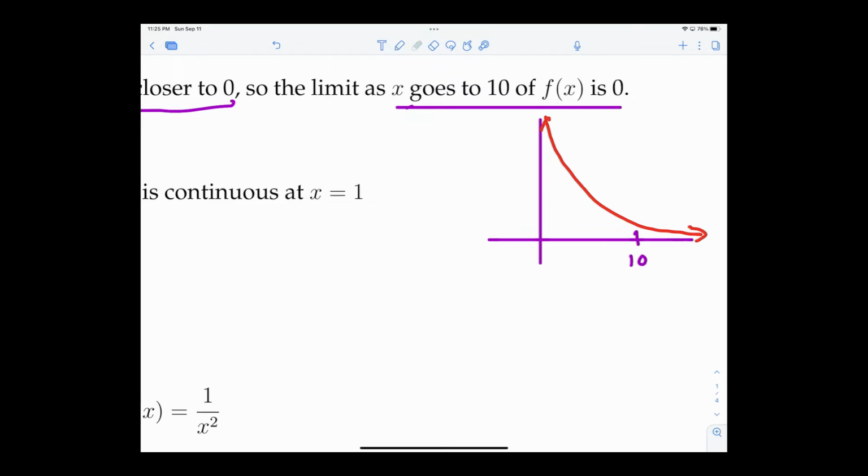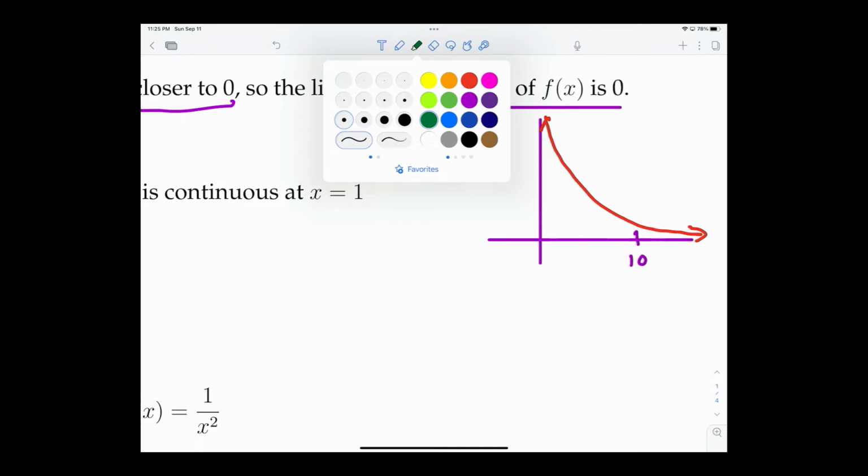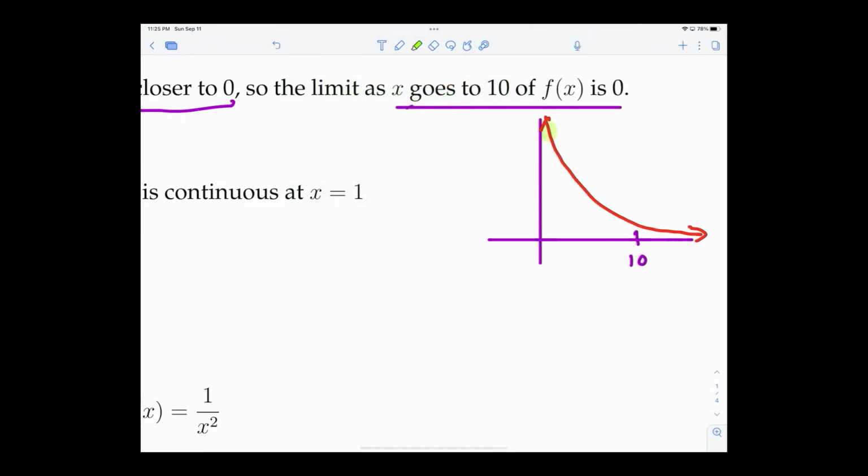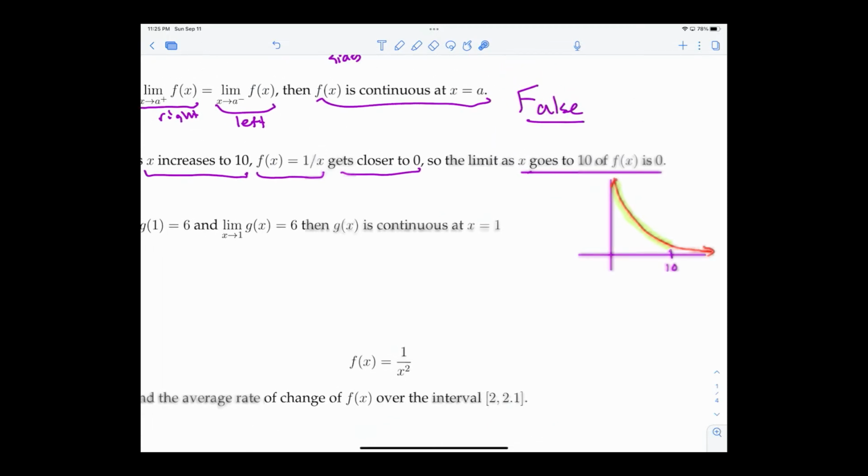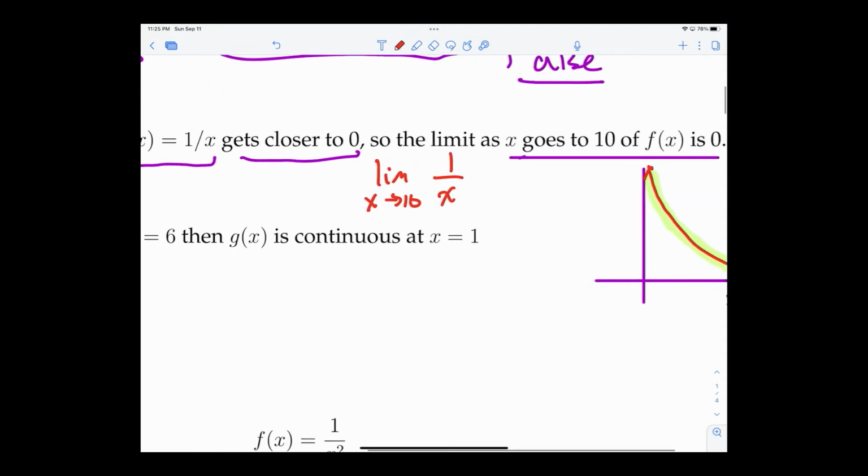If you are here and you head towards 10, the function is going down, so it is getting closer to 0. But it says that implies the limit as x goes to 10 of f of x is 0. No. What is the limit as x goes to 10 of 1 over x? You can just plug in x equals 10.